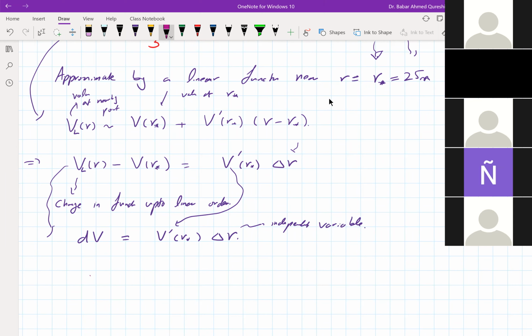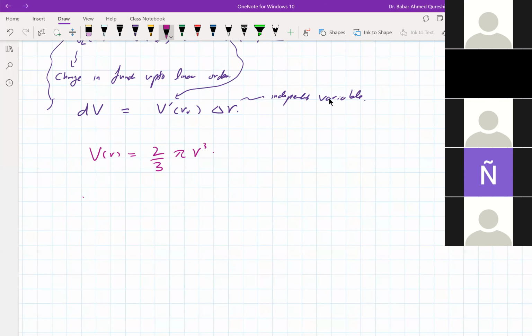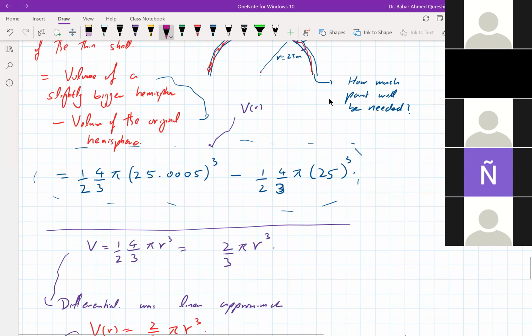So I just take my formula and do the differentials. When you do the differentials, as we did in class, you treat both the independent and dependent variables as just variables, and you write dV equals the derivative of this, 3r squared dr. And this dr for you is that small change, 0.0005.